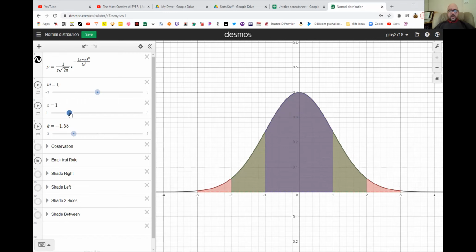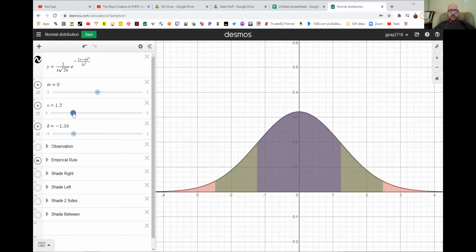If I change standard deviation to 1.2, then they would be at 1.2, 2.4, and 3.6, right? Because if my mean is 0 and my standard deviation is 1.2, then being 1 standard deviation away from the mean means being between negative 1.2 and positive 1.2. Being 2 standard deviations away from the mean means between negative 2.4 and positive 2.4.